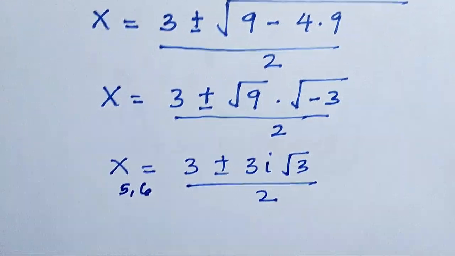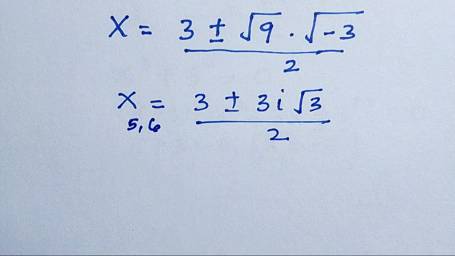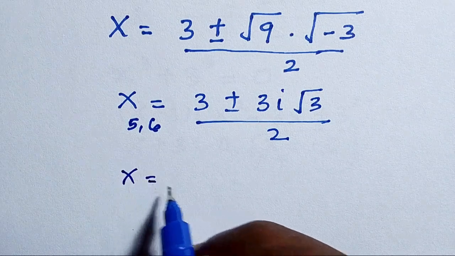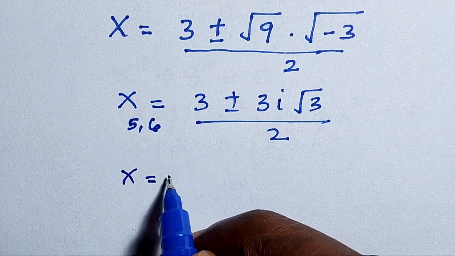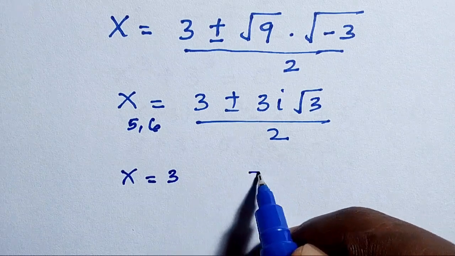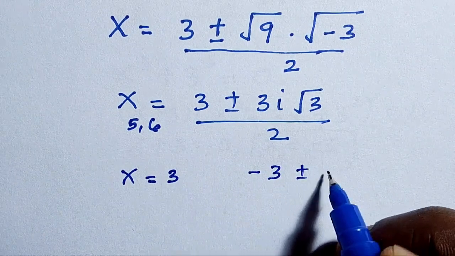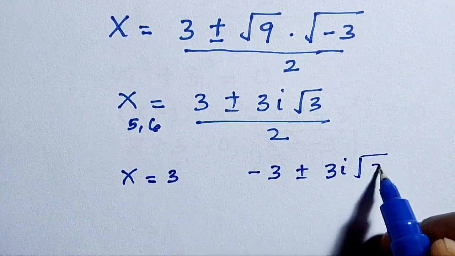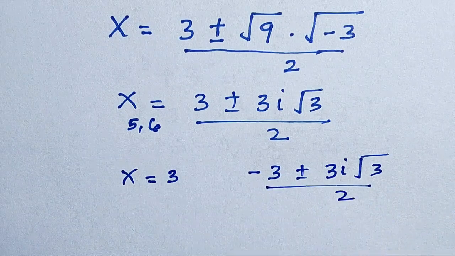And here are all the solutions, which we are going to combine together. So we have the first x, which equals 3, and the complex solutions to this are minus 3 plus or minus 3i root 3 divided by 2.